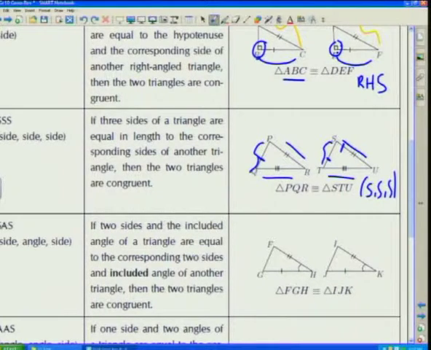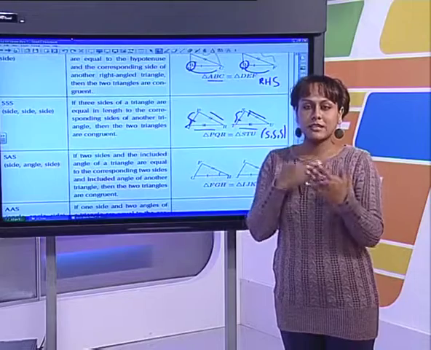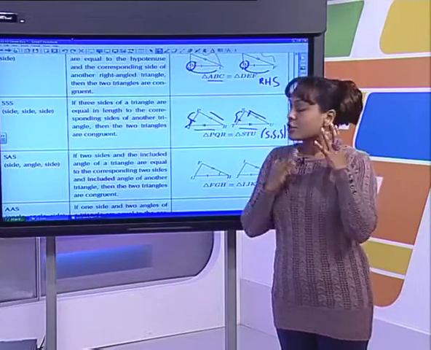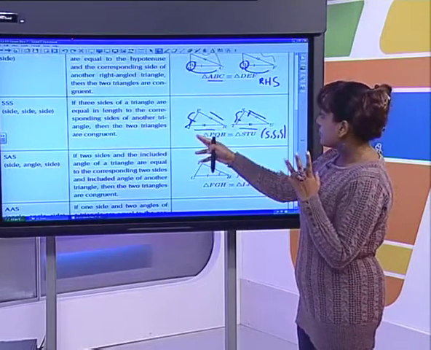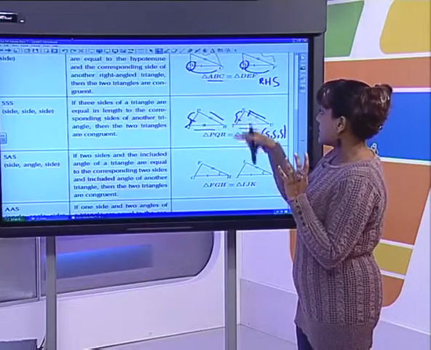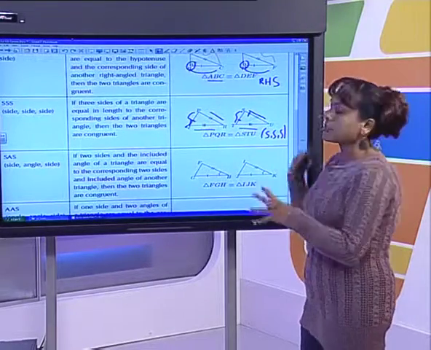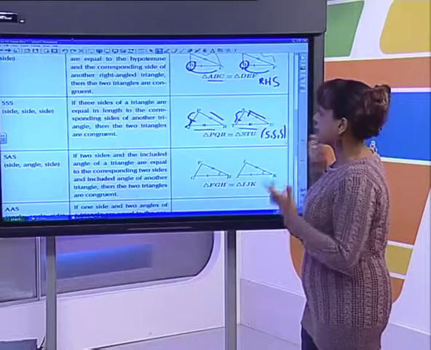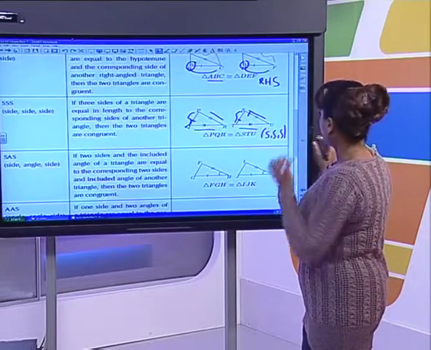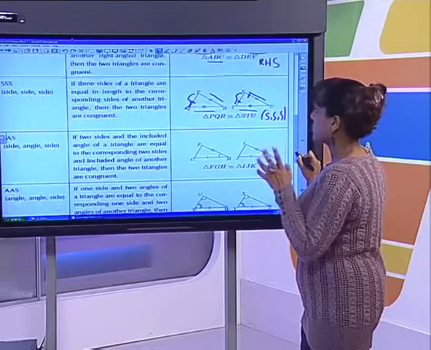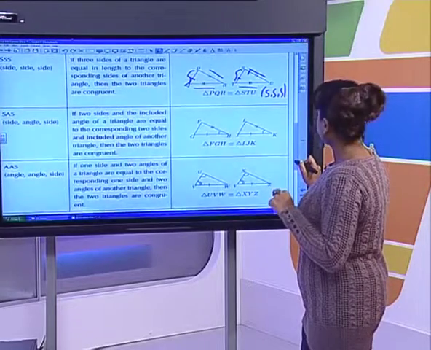Corresponding sides means that they lie in exactly the same position. So if PQ was not equal to ST but rather equal to SU, you couldn't say that your sides were equal. So you've got to be careful to use the corresponding sides.